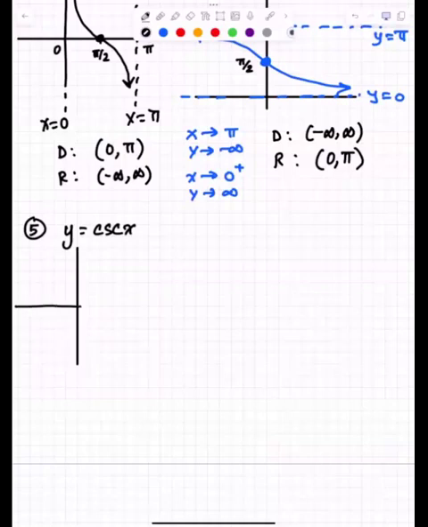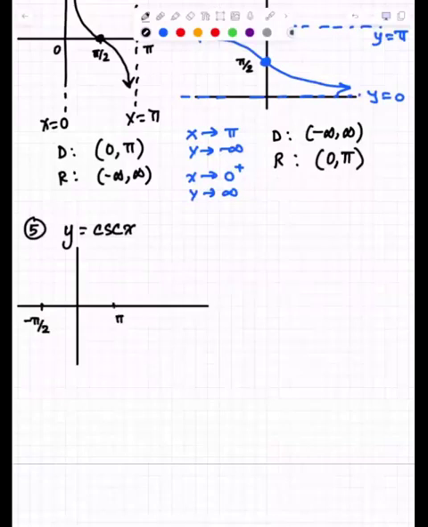So I'm going to pretend to draw sine first from negative pi over 2 to pi over 2. That's our restricted sine graph, and cosecant would be the flip of that, right?